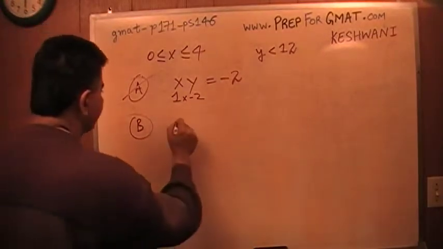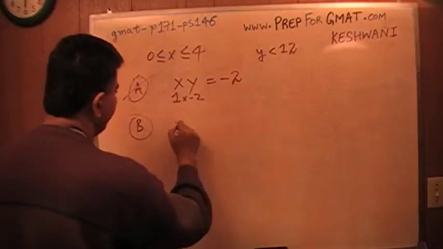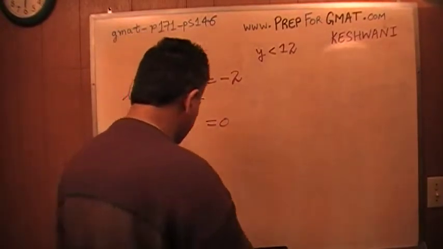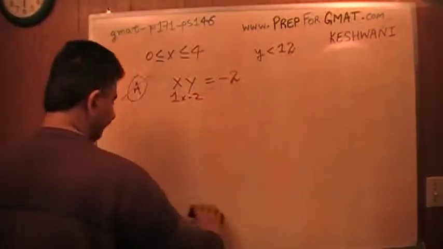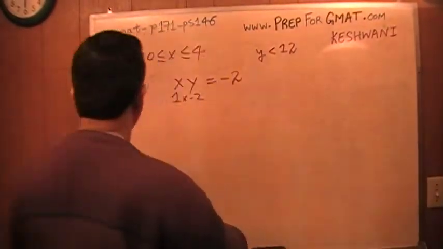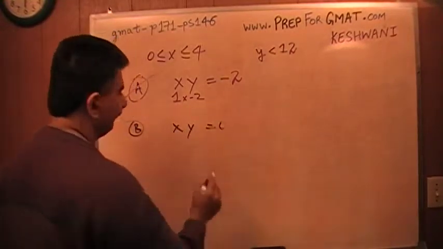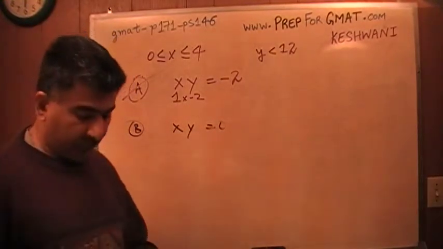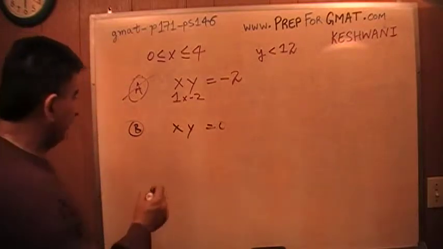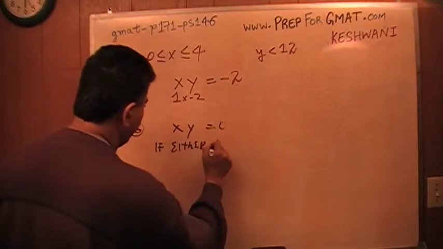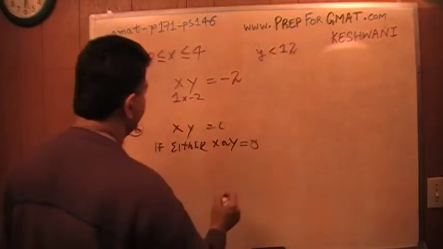Next is 0. Can x times y be 0? The answer is yes, of course. It will be 0 if either x or y equals 0.